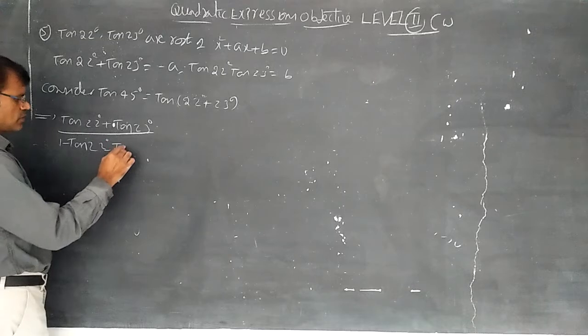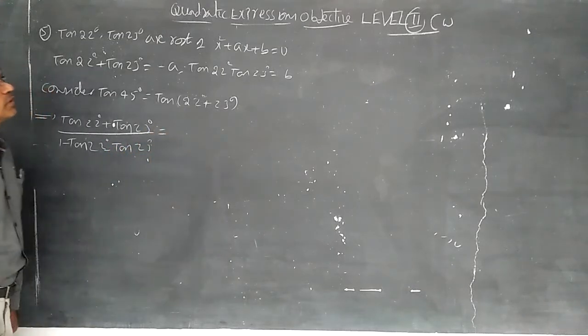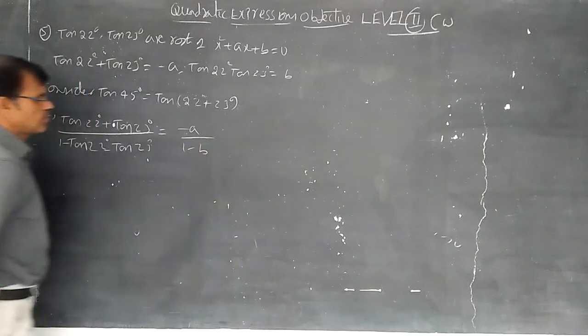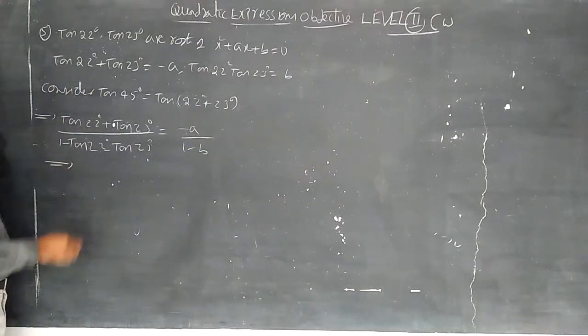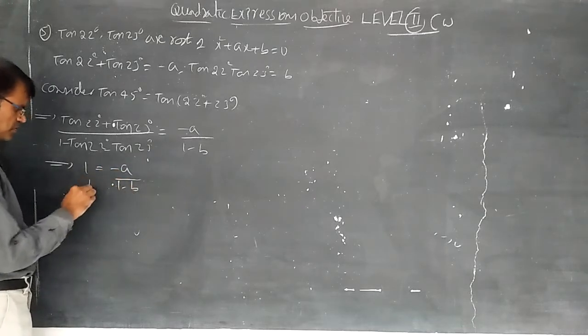Here you apply the sum of roots concept: minus a by 1 minus b. Tan 45 value 1 is equal to minus a by 1 minus b.